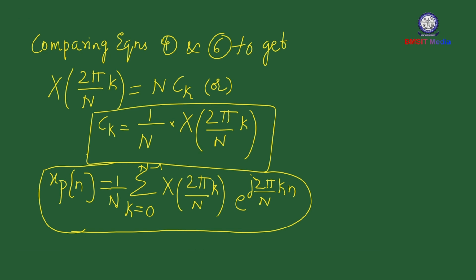So as of now we have got the reconstructed version of the periodic extension of x of n. So I am going to take an example. Let me take a sequence like this. This is our x of n. Let us say it is having a few samples.